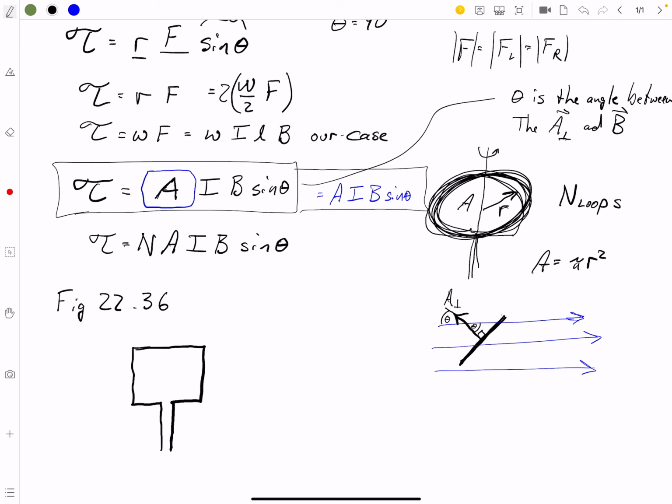So we want to have the current go this direction only, okay? So in order to do that, we hook up a current that comes in this way and goes out that way.